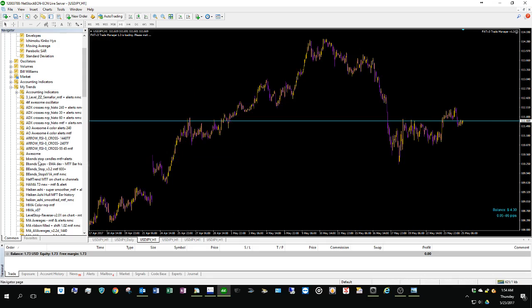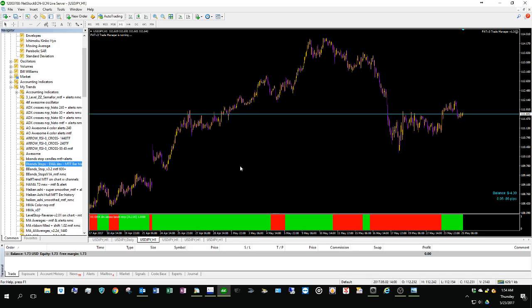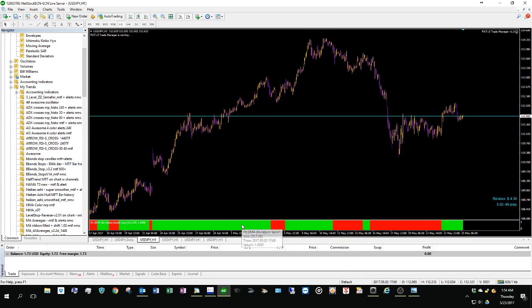And that one, as you can see over here, this is a Bollinger Band stop at candles. So it's changing the candle color. It's a multi-time frame, and it gives us alerts if we want to have alerts turned on. Or we can do one where we have the alerts down here in the bottom. That's a real good way to look at it too.